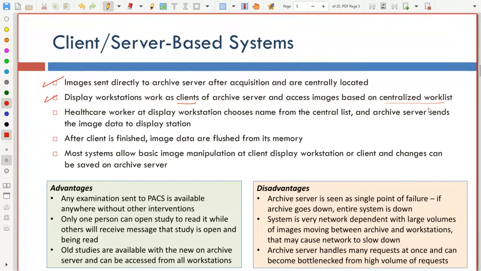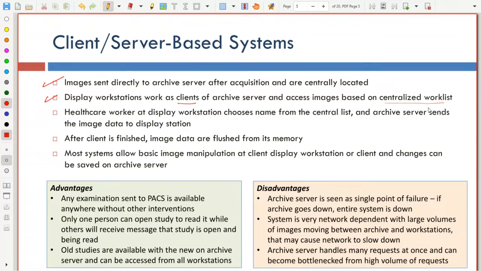So for the doctors to work, say for example you have 10 reading workstations and 10 doctors. In that central server, you can task each one of these workstations with a certain list of studies that each doctor has to work on.